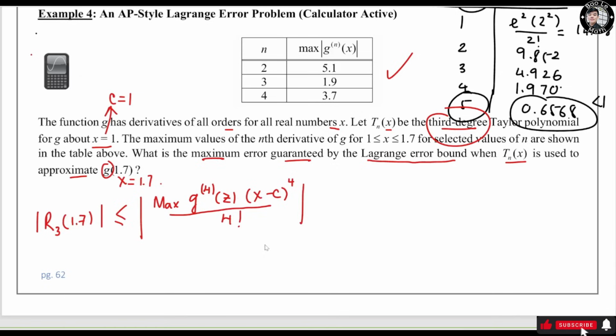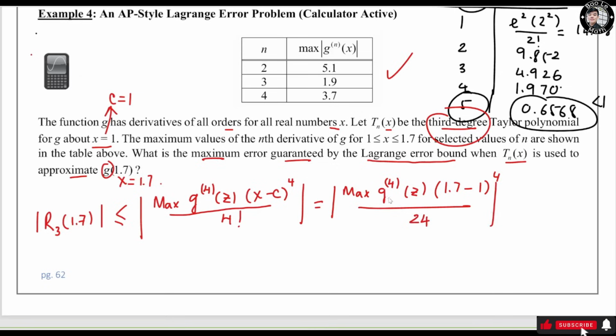Now I just substitute values, so I have the absolute value of the maximum of the 4th derivative of g, times s equals 1.7, c equals 1, to the 4 over 4 factorial, which is 24.